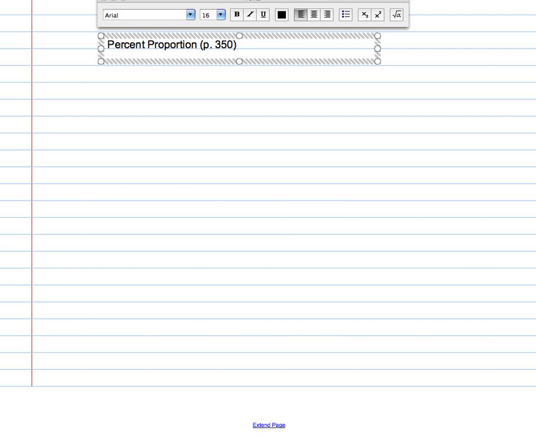And it means compares part of a quantity to the whole quantity using a percent. This should be in your notes.